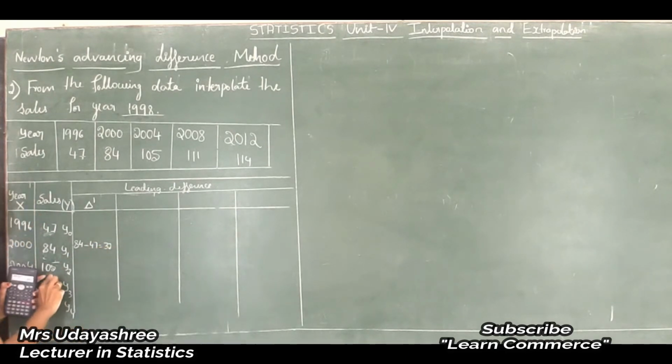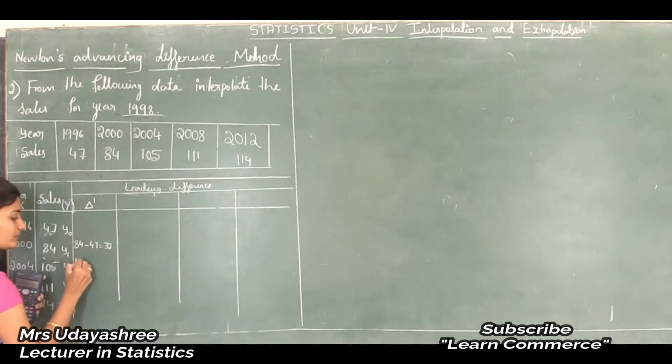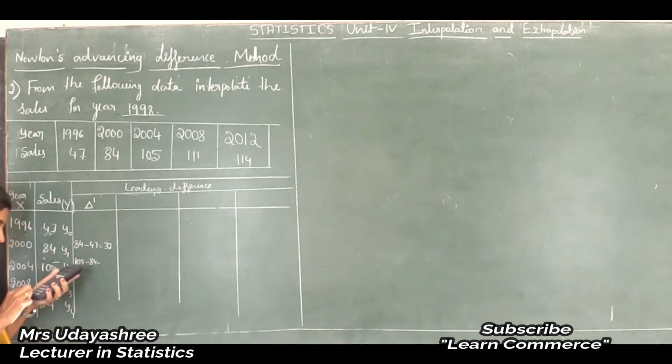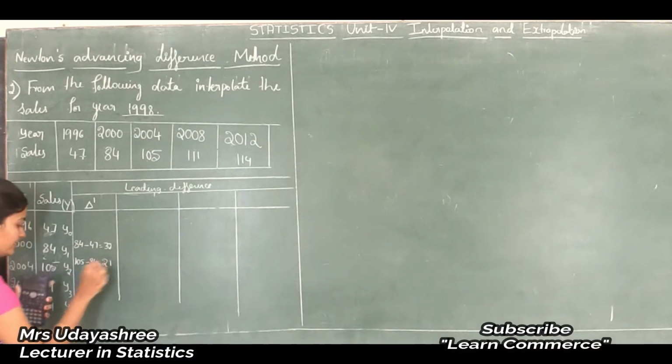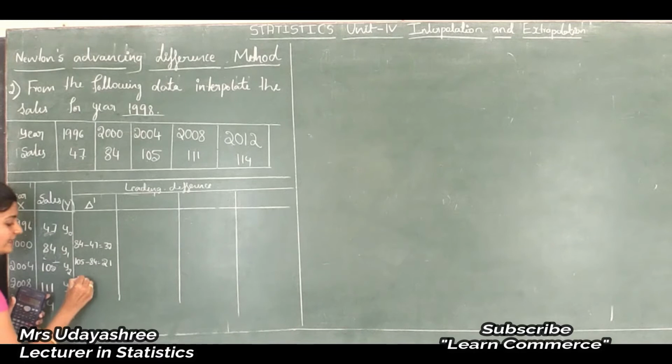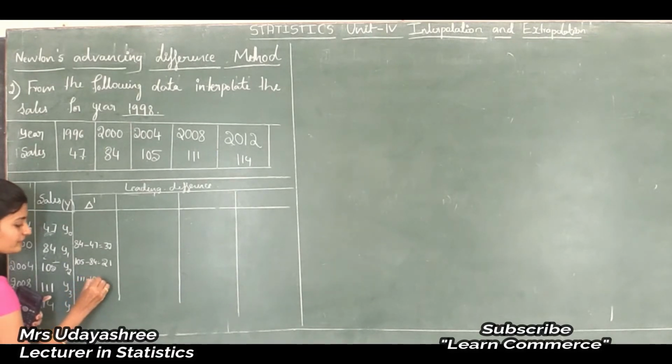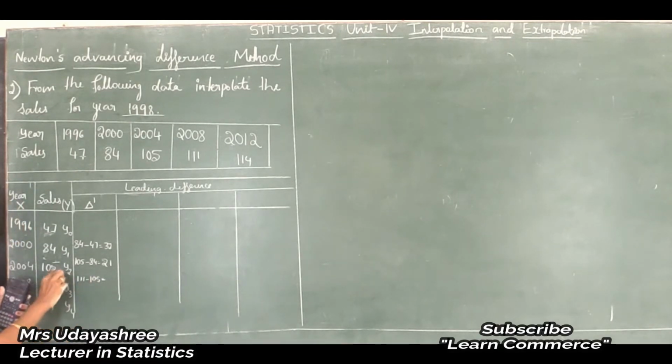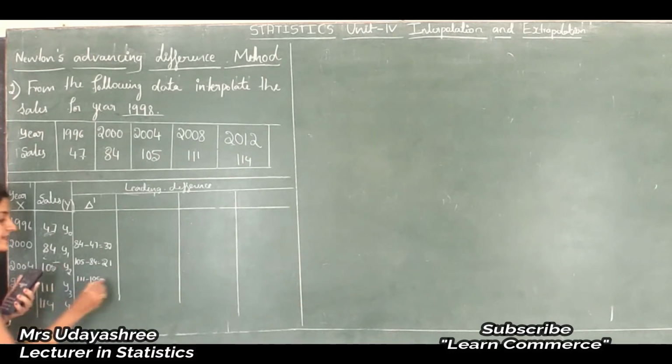Next, 105 minus 84 is 21. Next, 111 minus 105, this value minus this one, is 6.